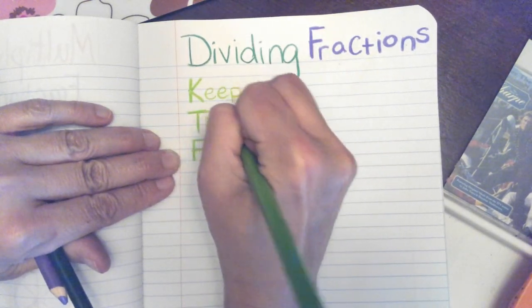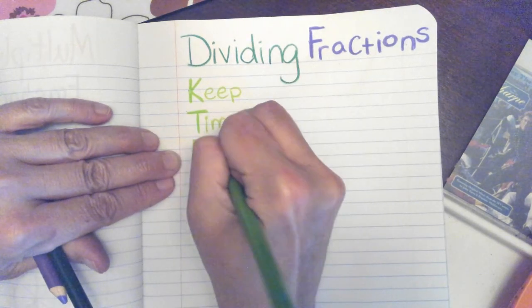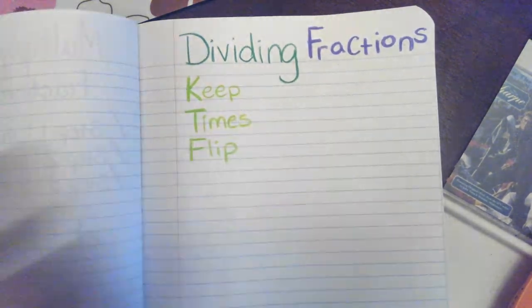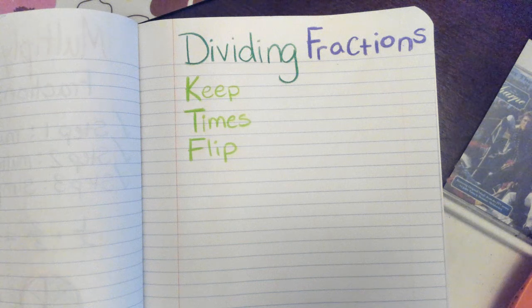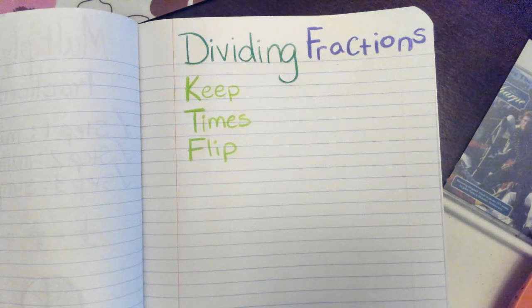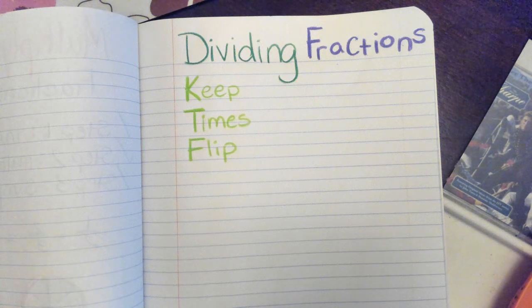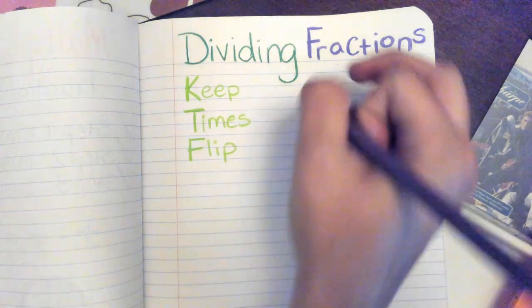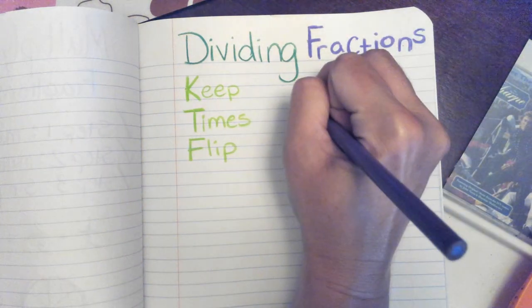Keep times flip works really well when you are dividing one fraction by another. This is just the process for dividing fractions.